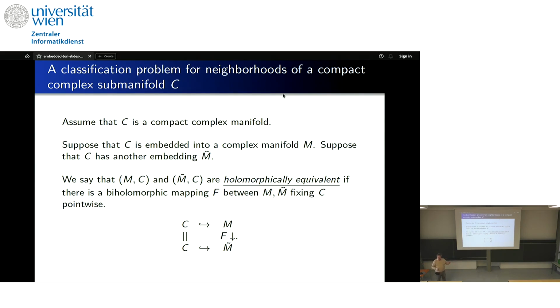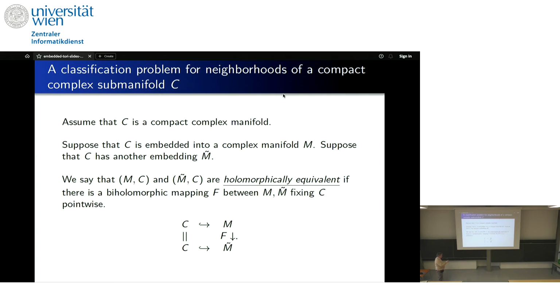You don't care exactly what the codimension is; it could be of different kinds. And you would like to compare somehow the neighborhoods of the embedded complex manifold.